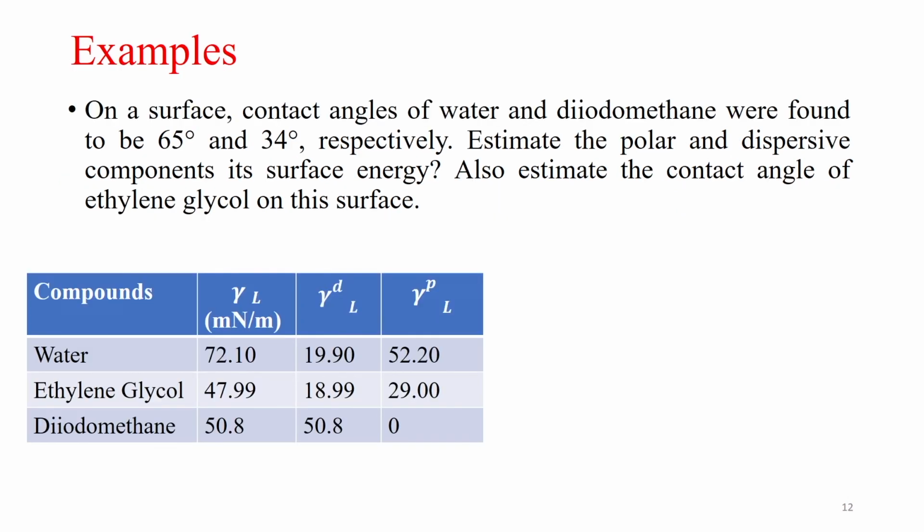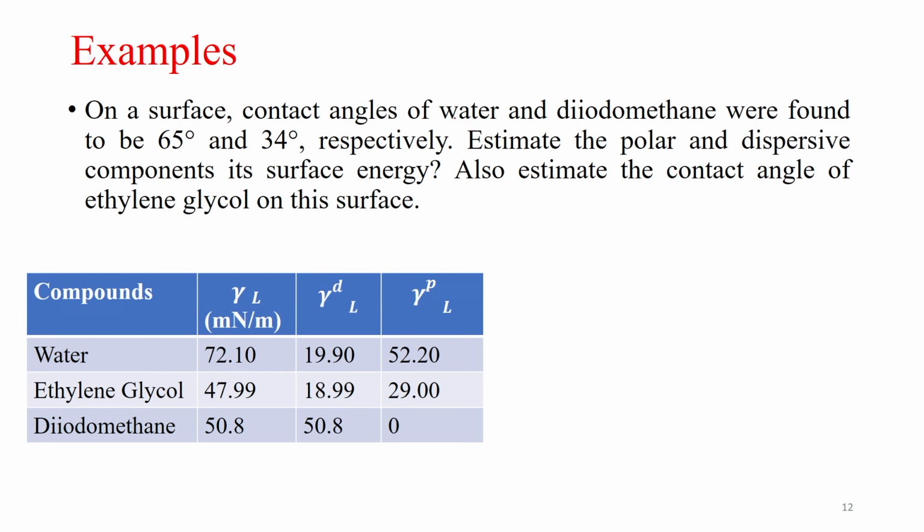Now, we will combine these two equations, the Good's equation and Young-Dupré equation, to calculate the surface energy of the solid. As you remember, if you want to calculate the surface energy of solid, we need minimum 2 equations, means we have to measure the contact angle of 2 liquids.